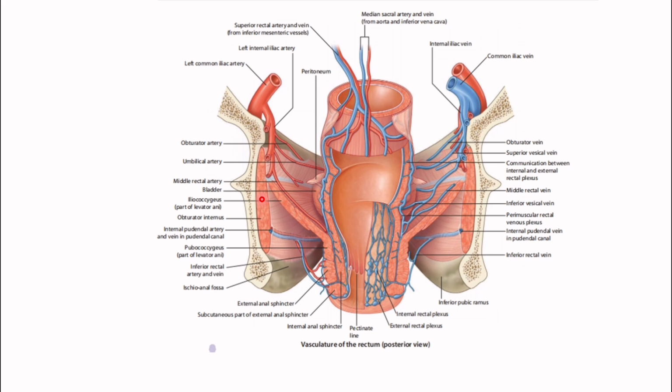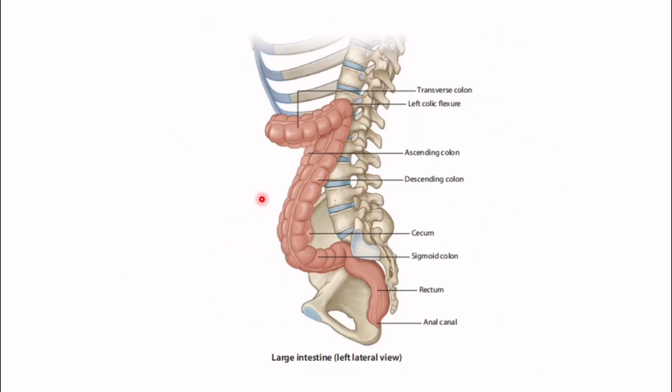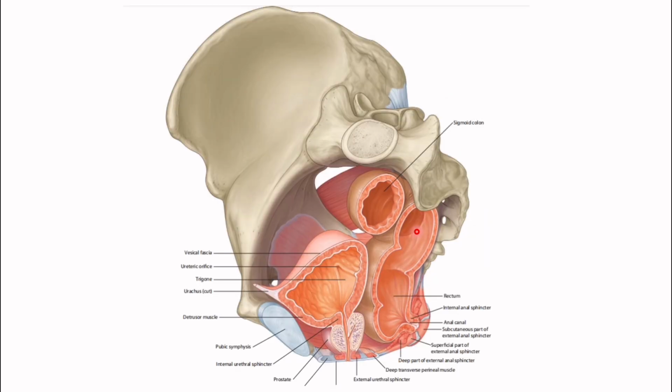Then the nerve supply. I did not talk about the nerve supply of the sigmoid colon and the rectum. Most of the pelvic organs, which are found in the pelvic cavity, get their nerve supply from the inferior hypogastric plexus. So the sigmoid colon gets its nerve supply from the inferior hypogastric plexus, and also the rectum gets its nerve supply from the inferior hypogastric plexus.